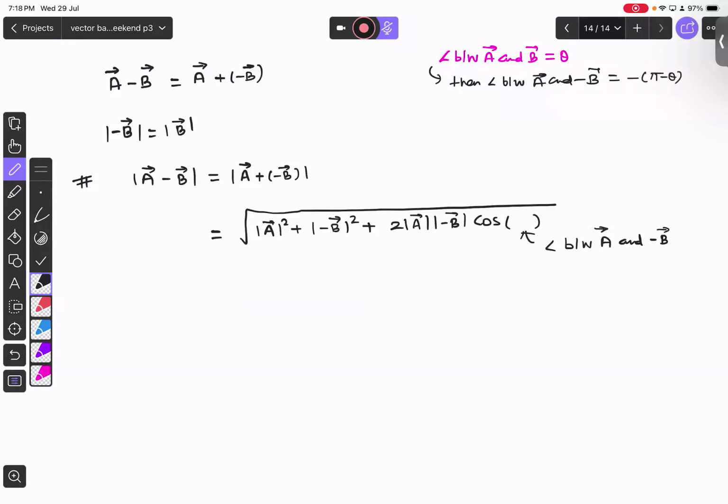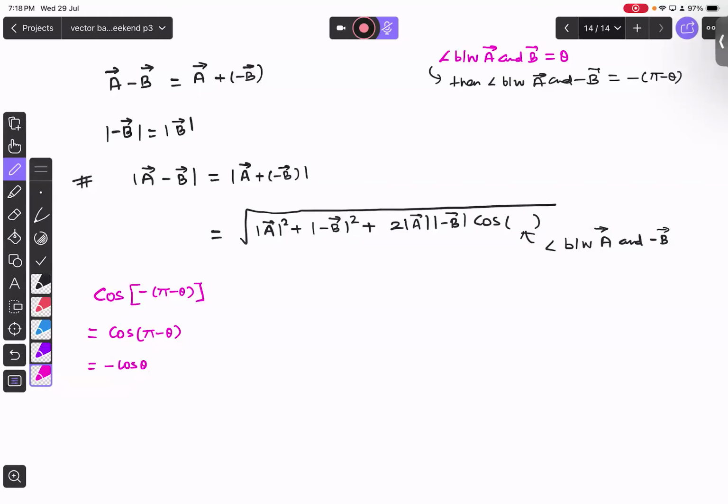So what will be cos of minus of pi minus theta? Minus given to cos function, nothing is going to happen. It's going to be the same as plus only, no? Cos of pi minus theta is going to be minus cos theta.